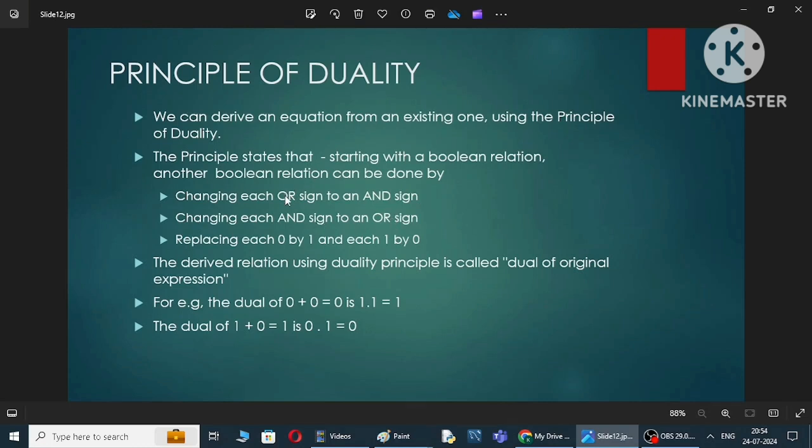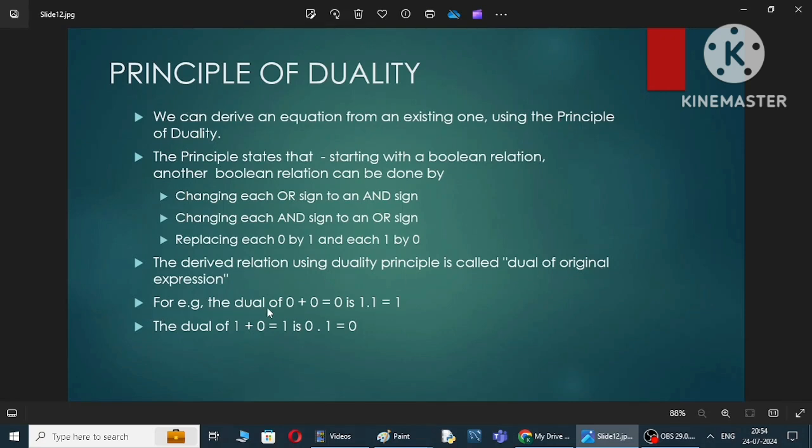So all the plus symbols should be changed to dot, all the dot symbols to be changed to plus. Then third step, replacing each 0 by 1 and each 1 by 0. If you do all these three things in a given expression, automatically you can derive a new expression. The derived expression is called the dual of the original expression.